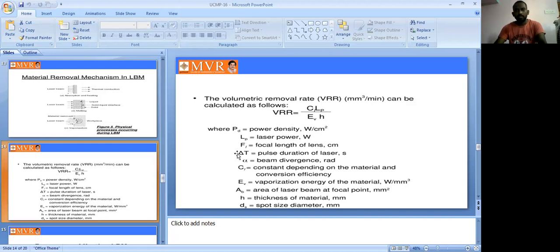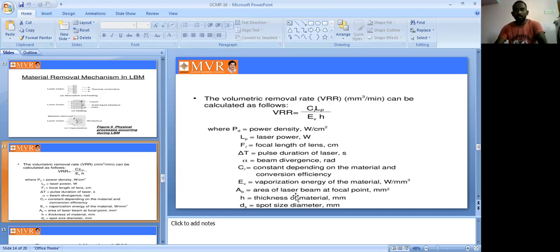Next, delta T is nothing but the pulse duration of the laser. Alpha is nothing but the divergence, in radians. So C is nothing but a constant depending on the material and the conversion efficiency. EV is nothing but the vaporization energy of the material, in watts per mm cube. Next is A_B.